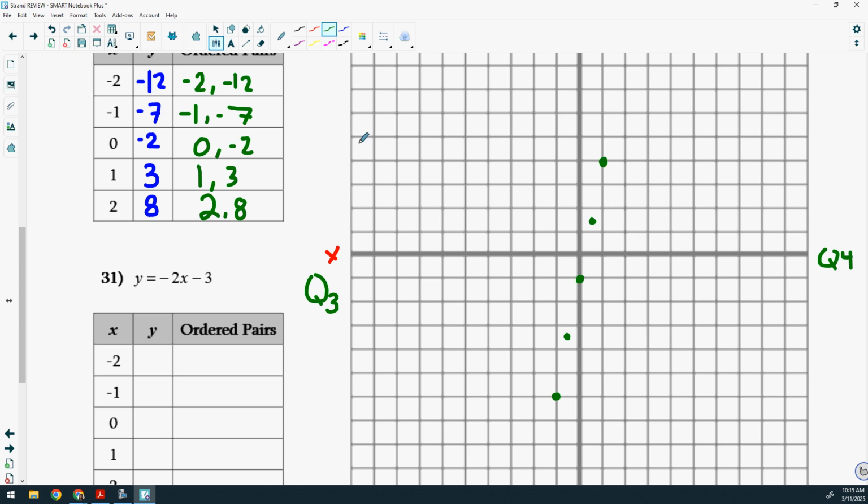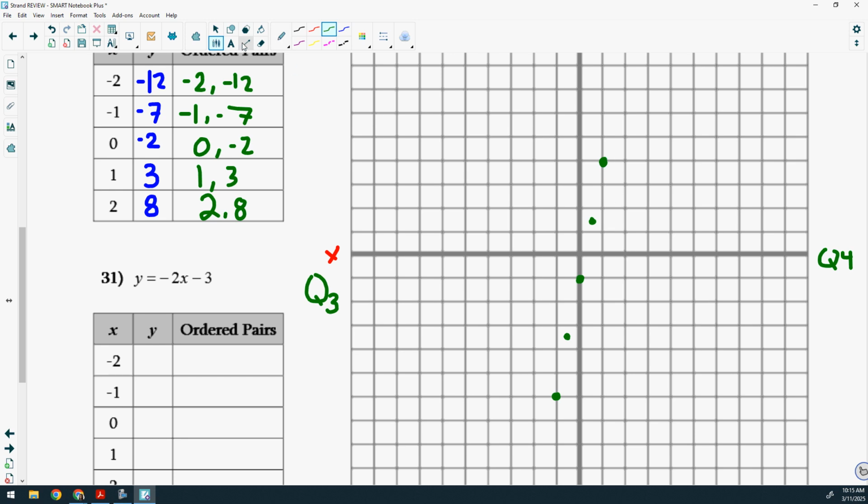So let's double check that. Negative 2, down to 12. 2, 4, 6, 8, 10, 12. Love it. 8, negative 1, negative 7, 0, negative 2, 1, positive 3, 2, positive 8.